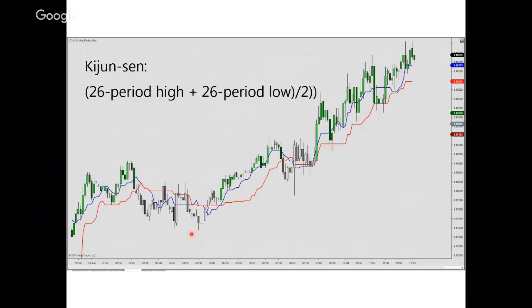So a cross above in price on both lines might also be a trend indication, and we'll look at the trend definitions for the Ichimoku indicator a little bit later on. So the Tenkan Kijun cross here is the typical momentum signal that we're looking at in this indicator.